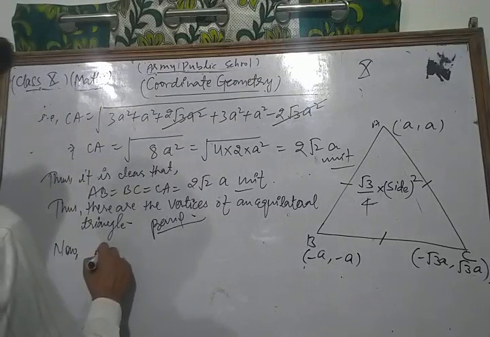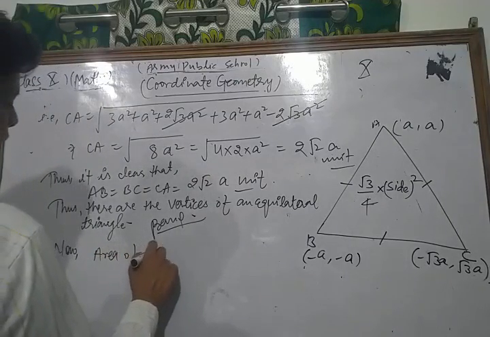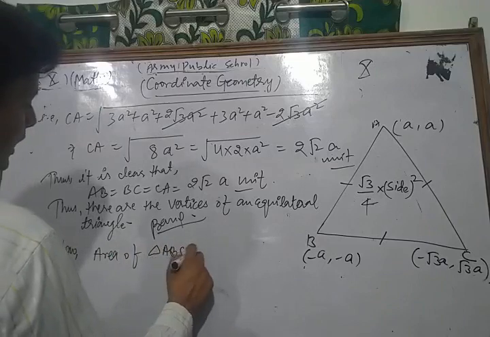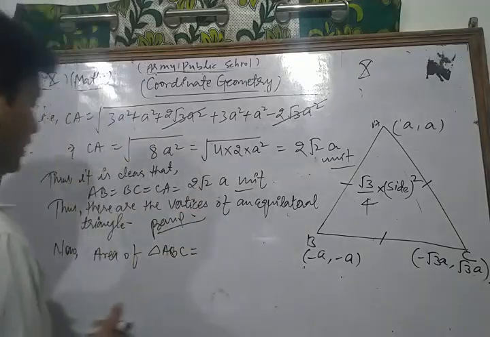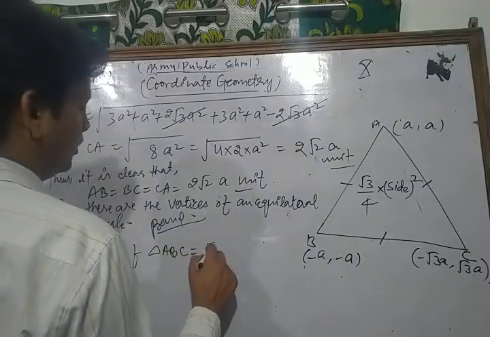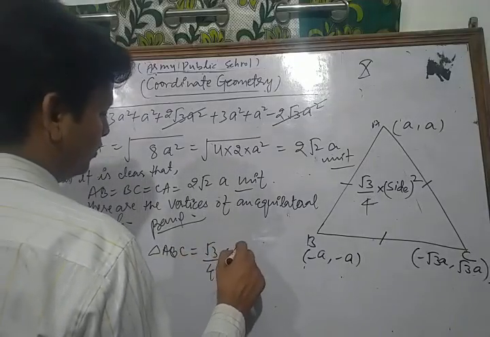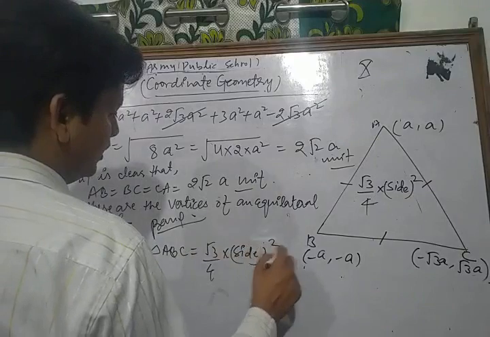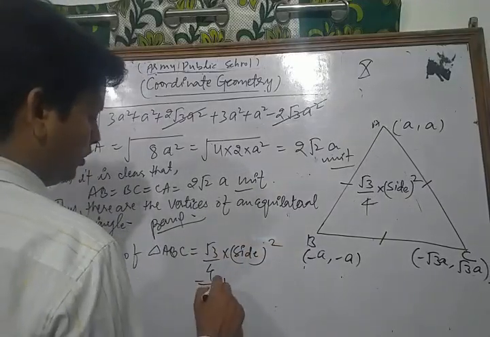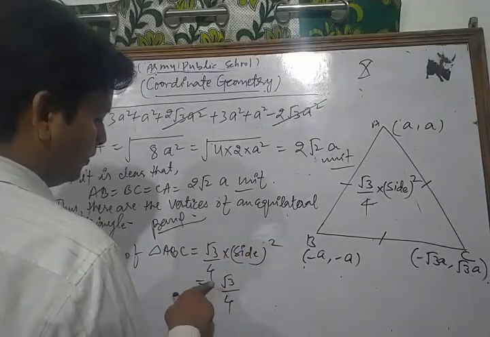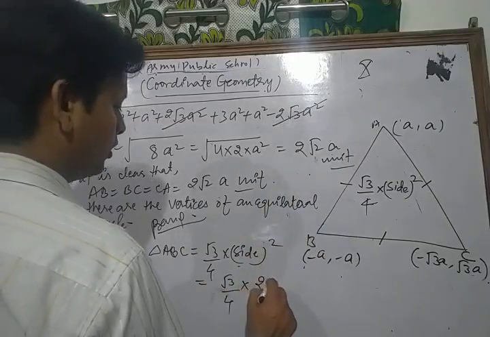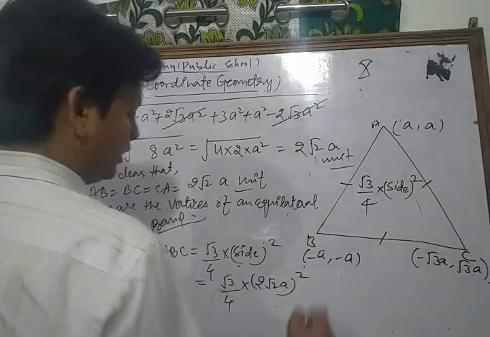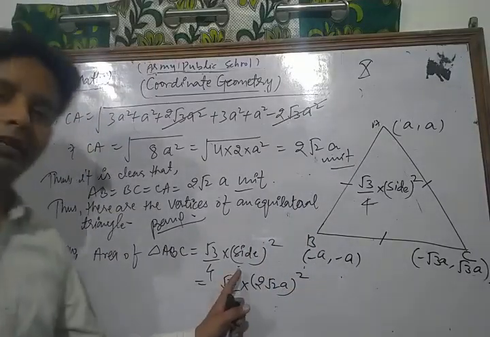The area of triangle ABC, which is an equilateral triangle, is root 3 upon 4 into side square. So we put root 3 by 4 into side, and the side is 2√2a. This is the value of the side.